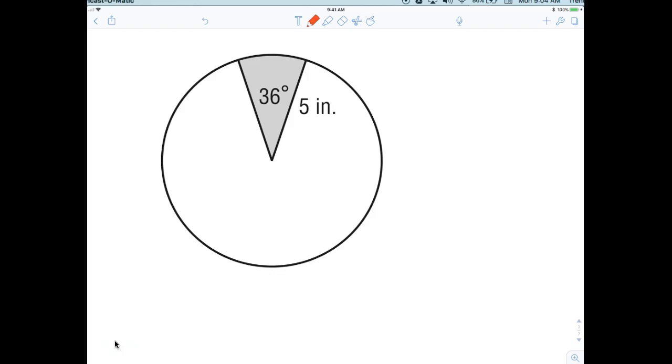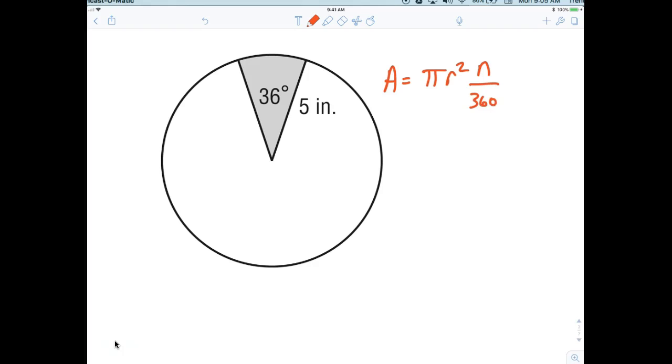All right. A sector is simply a piece of the circle. So the formula is the area is equal to pi r squared. That would be the whole circle. But we only want what? A part of it. We want n parts out of what? 360.